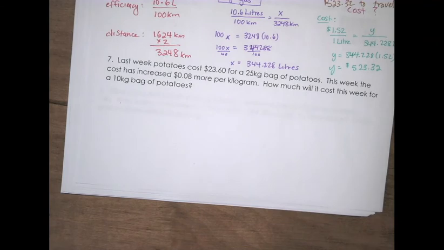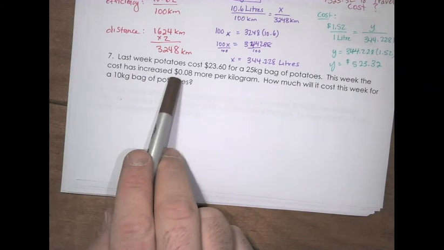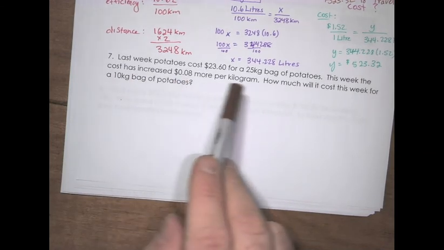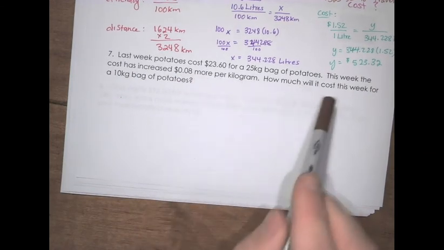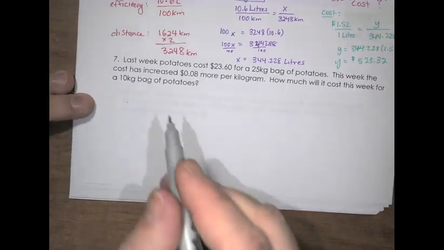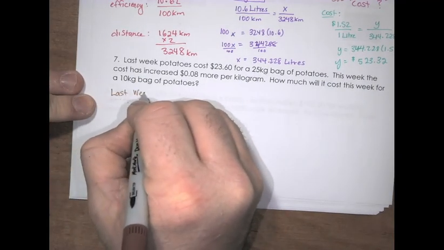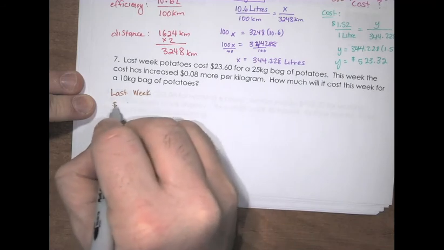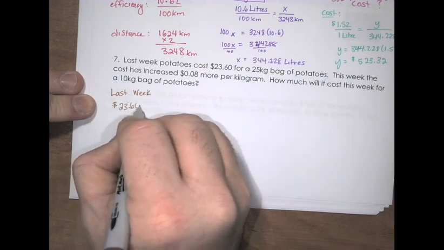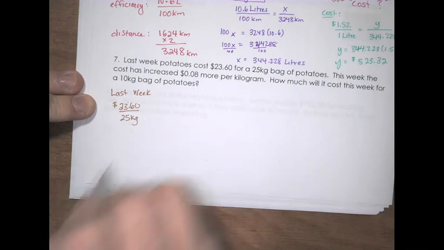Last question. Last week, potatoes cost $23.60 for 25 kilograms. This week, the cost has increased by 8 cents more per kilogram. How much will it cost for a 10-kilogram bag this week? Different scenarios. Well, what do we know? Last week, it was $23.60 for 25 kilograms.